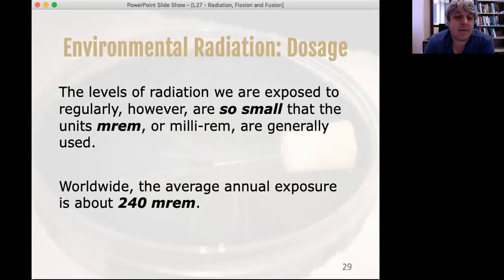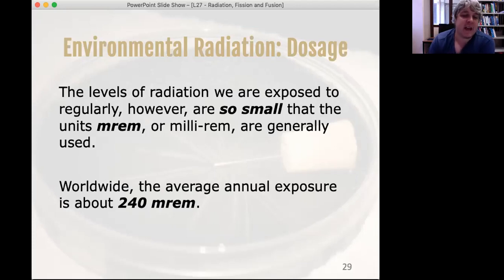So worldwide, the average annual exposure is about 240 millirem. 240 millirem is 0.24 of a rem, so about a quarter of a rem. That's the annual exposure. That's how much one person gets in an average year. A whole year, they get a quarter of a rem, and we said that it takes 100 to 200 rem to get that illness, 500 to get 50% chance of death, and closer to 1,000 to get pretty much certain death.